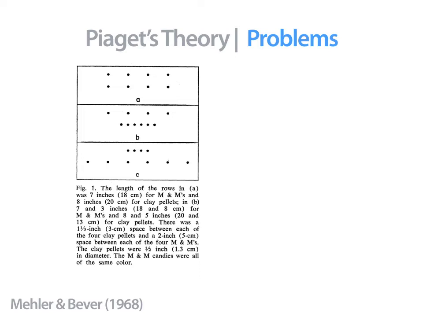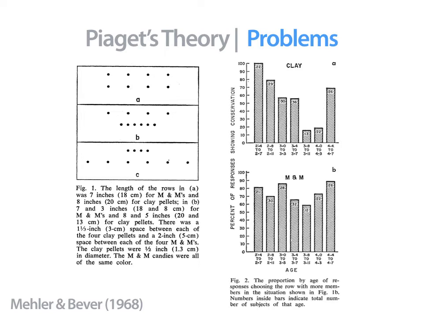On the problems like B and C, when the items were clay pellets, if you look at the x-axis, the smallest bar there, the one where you have the fewest number of kids showing conservation, is happening when kids are 3 years, 8 months to 3 years, 11 months.